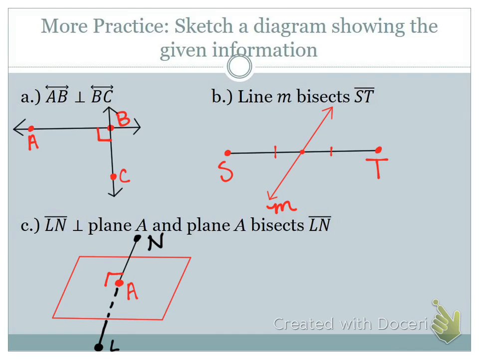The other thing that we need is for plane A to bisect LN. That's going to be a little tricky to mark in the diagram. You can technically use your little congruence marks, or you could make a note off to the side that two segments are congruent.